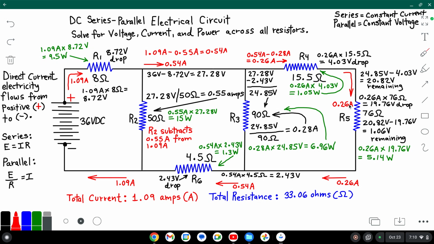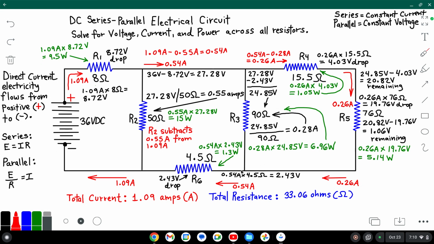Thereafter, R5 continues with R4 in series, as it is the junction circuit, so it behaves as a series, not a parallel, in series with R4. So therefore, since the current remains constant, it's 0.26 amps times 76 ohms, and so R5 will drop an additional 19.76 volts, and this leaves us with 1.06 volts, which then flows back to ground.